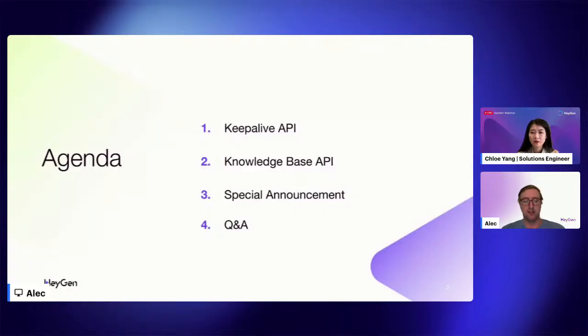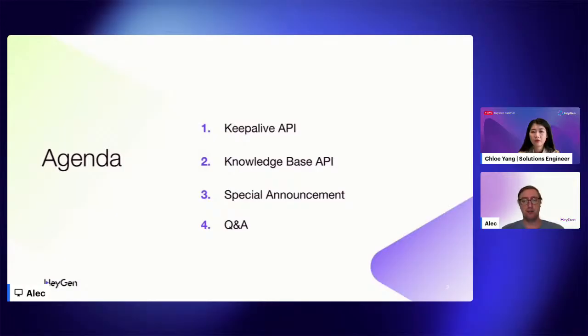So the 3 things I want to go through. Number 1, our new Keep Alive API. This is really long awaited, probably overdue functionality for the streaming API and interactive avatars. We'll go through why it's important that if you're going to be using our streaming API, you want to implement this.